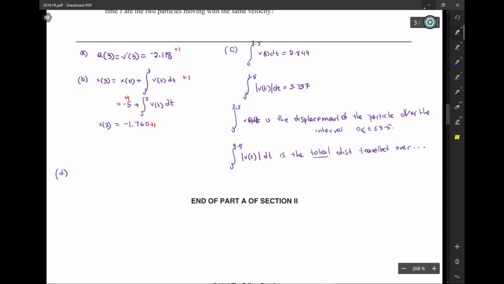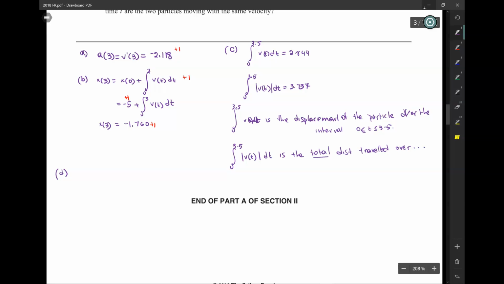D. I'm on the wrong page for my question. A second particle moves along the x-axis with position given by x2. At what time t are the particles moving with the same velocity? So, okay, here's where it's super important to label properly.